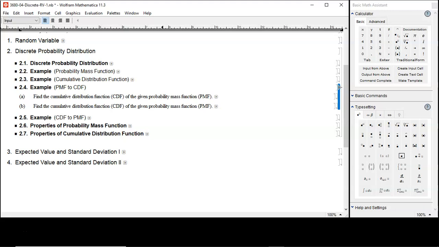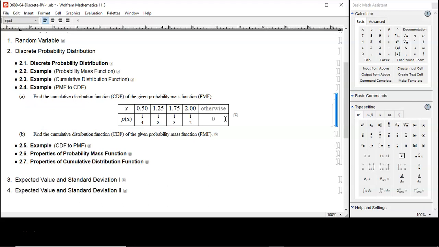Find the CDF of the given probability mass function, and let's suppose that the mass function is given like this. So let's see, we have probability masses 1/4, 1/4, 1/4, 1/8, 1/8, and 1/2. These are all possible probabilities and they add up to 1.